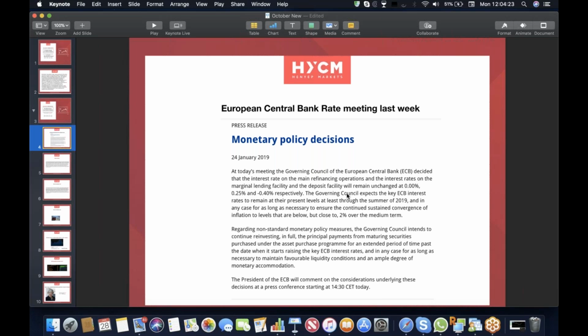This is what the ECB have been saying. We're going to keep interest rates as they are, but then we want to raise them in the summer of 2019. So the market was thinking, well, because the Eurozone growth has been slowing down, looking at the purchasing manager index for Germany, Italy, Spain, they've all been slowing down, showing a slower Eurozone growth.